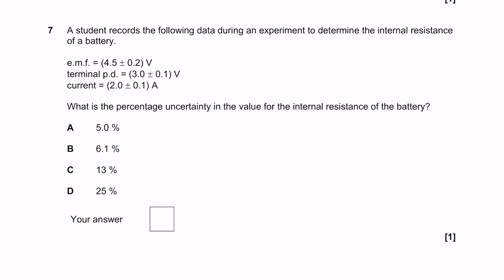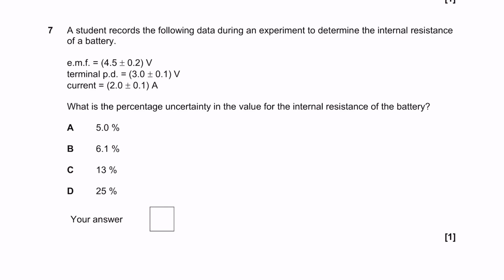It's a very good question, because most of us would just work out the percentage uncertainty of EMF, potential difference, and current, and then add them all up, for which one of the answers is already provided. However, you have to be careful here.